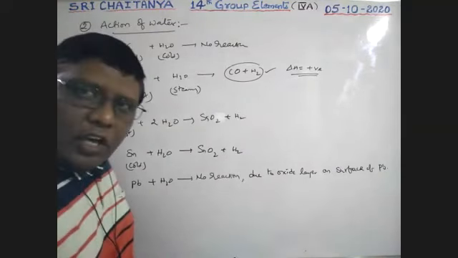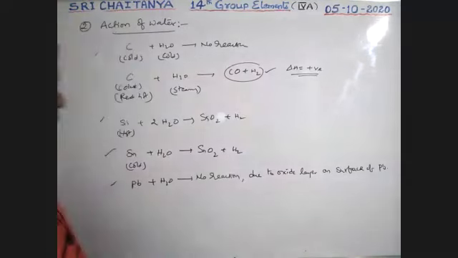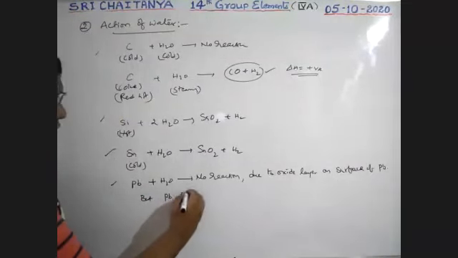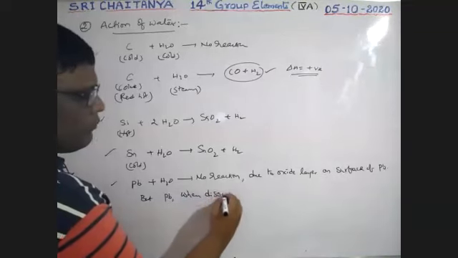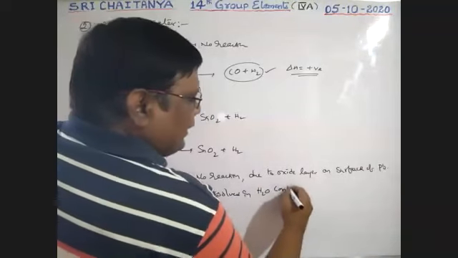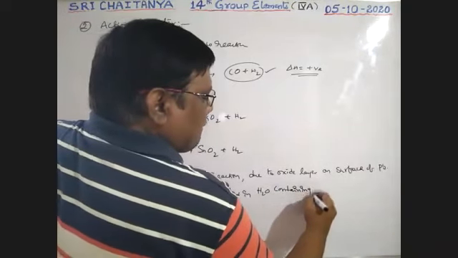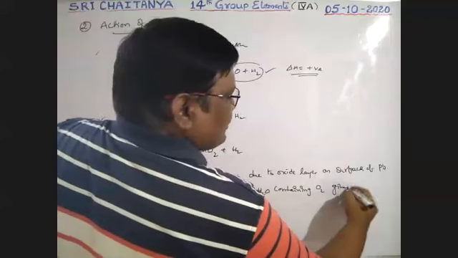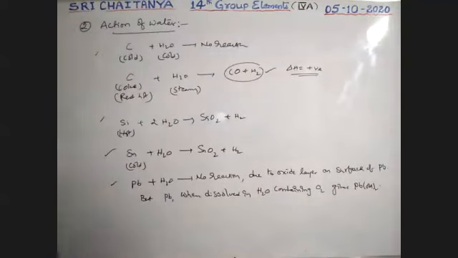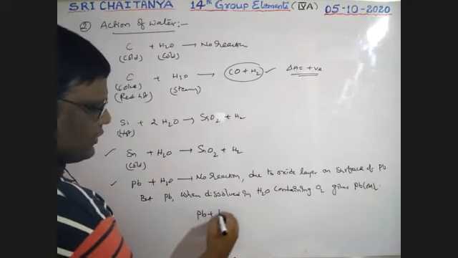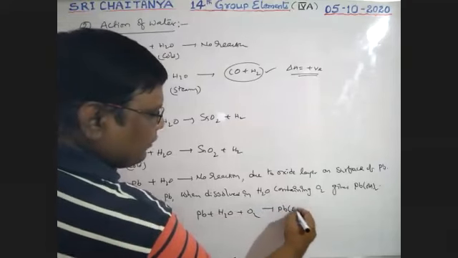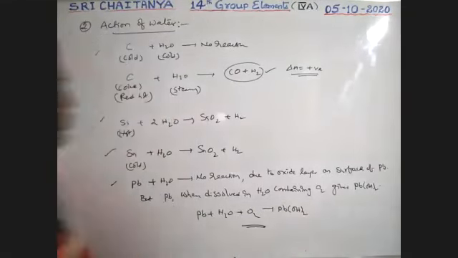But lead is dissolved in water containing oxygen. When lead is dissolved in water in the presence of oxygen, it gives lead hydroxide, Pb(OH)2.